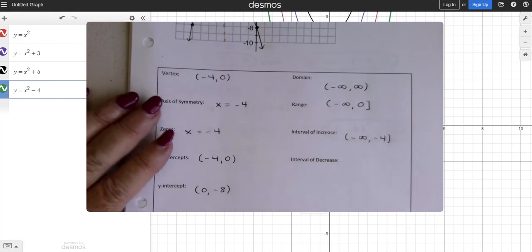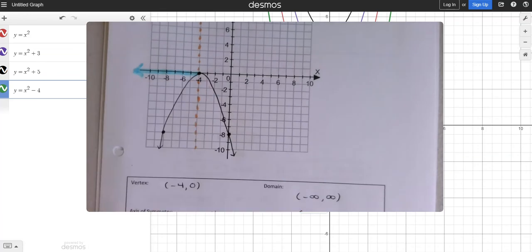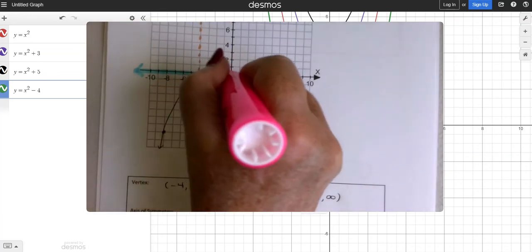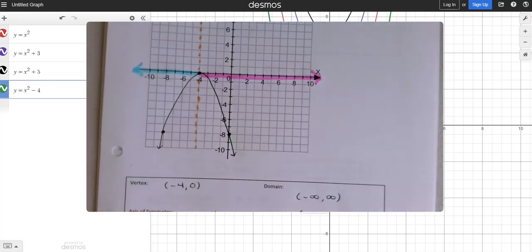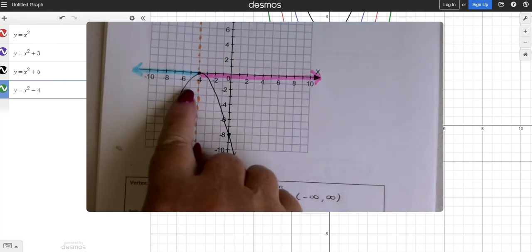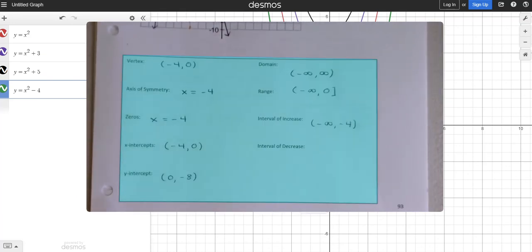We then have an interval of decrease, going to decrease forever, starting at negative 4. And for all other x values after that, this is just going to keep going down further and further. So from negative 4 to infinity is our interval of decrease.